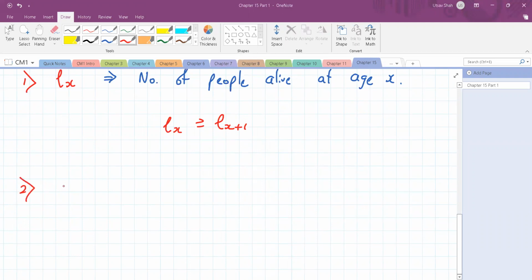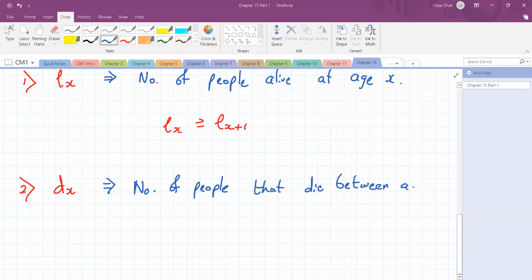Second, dx. If you remember, in your 12th standard there was a chapter called life tables, so maybe you would have seen terms like this. But if you don't remember, no problem, we start from the beginning here. What is dx? dx is the number of people that die between age x and x plus 1.